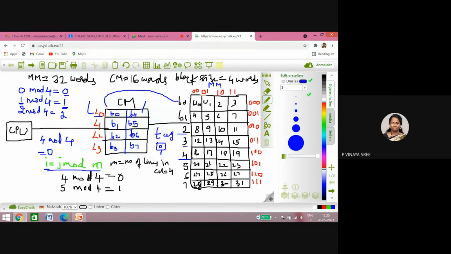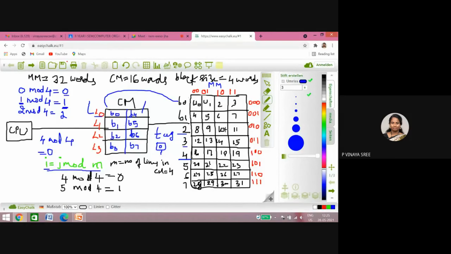Now let us consider if I increase the main memory size, while keeping the cache size as it is. One more example I have given while leaving: what was the main memory size I gave? The main memory size I gave as 64 words, and cache the same as 16 words, and block size 4 words.